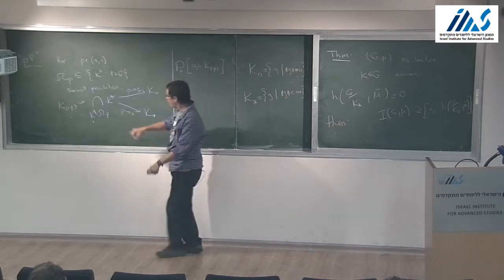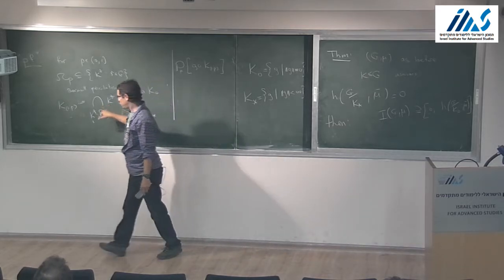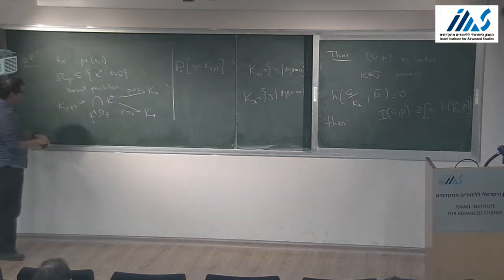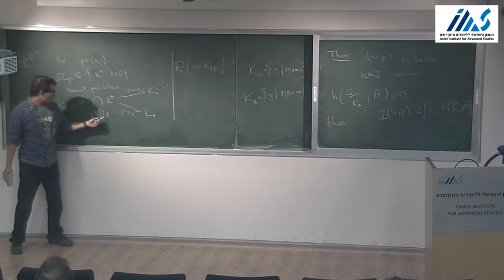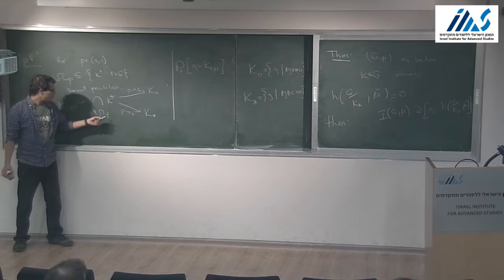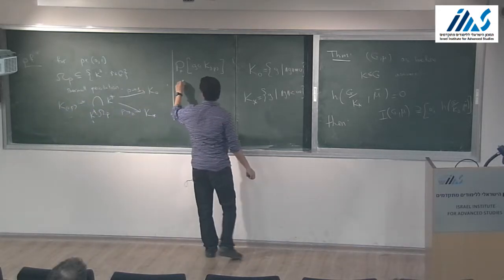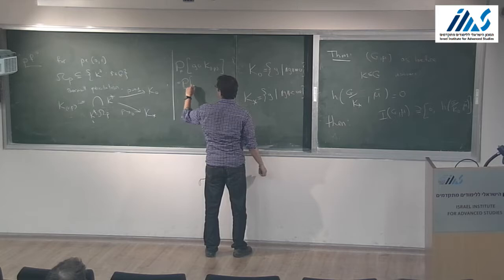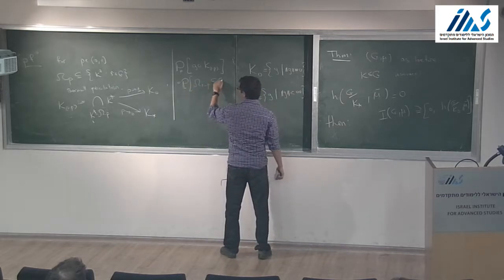It means that I have to be in every single one of these, so it means that the fixed points of G must contain omega P. So what this means is that omega, now it's 1 minus P, must be contained in the fixed points of G.